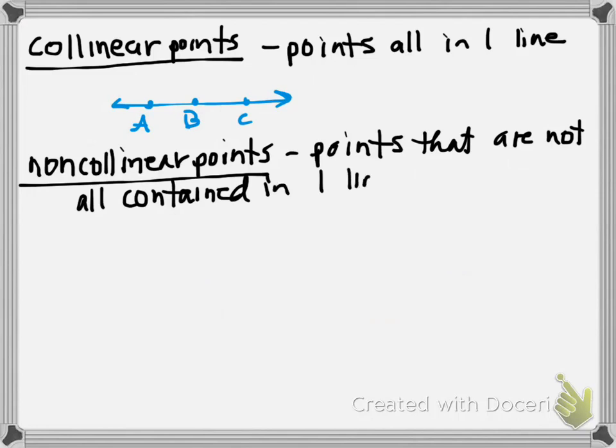You may have some of them in a line. You may be able to form a line through some of them, but you won't be able to get all of them on one line. Okay, so those points would be considered non-collinear because they do not form one line. I could form a line through AD, I could form a line through AC, through AB, through BD, BC, and so on and so forth, but I cannot get one that contains A, B, C, and D.